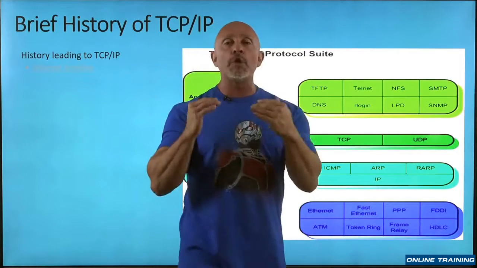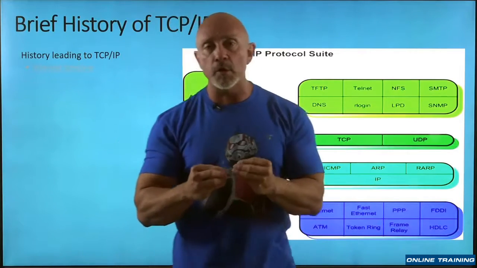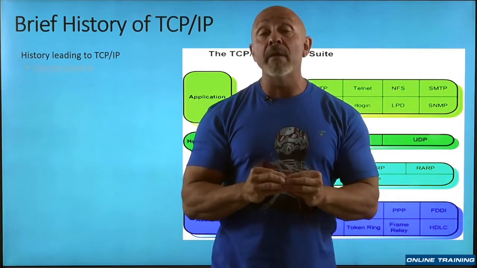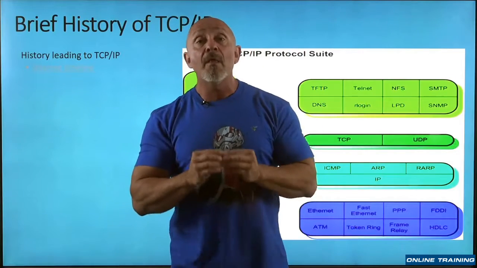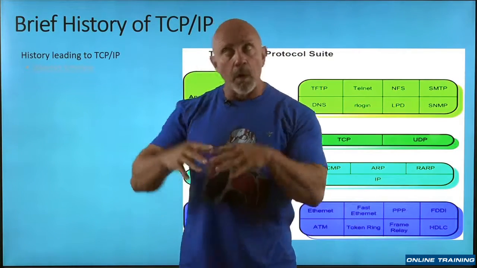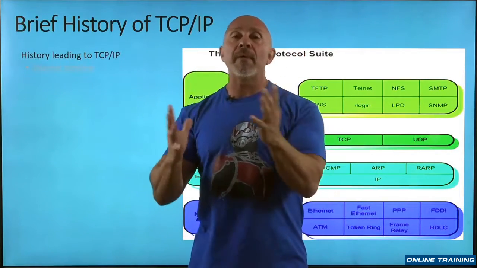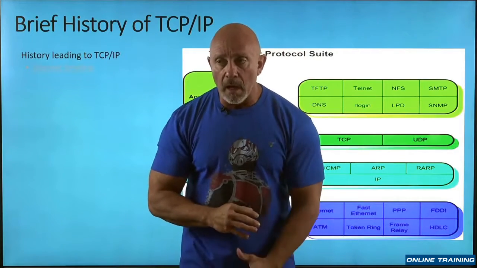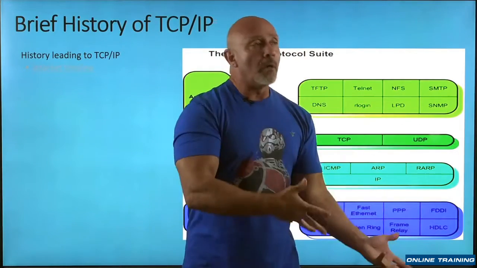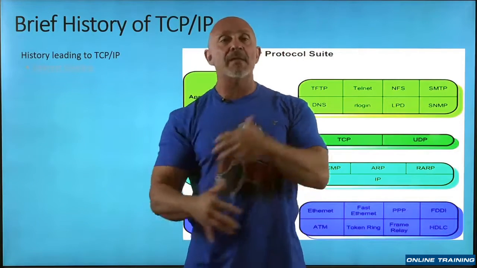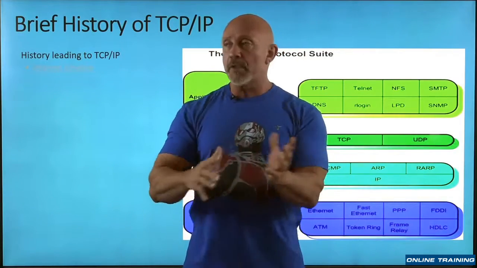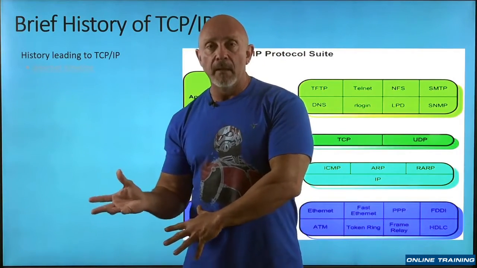So what does that mean to you when you're taking your certification? Pay very close attention to the question: what is the new TCP/IP architecture? The original TCP/IP architecture has how many layers versus the new TCP/IP?